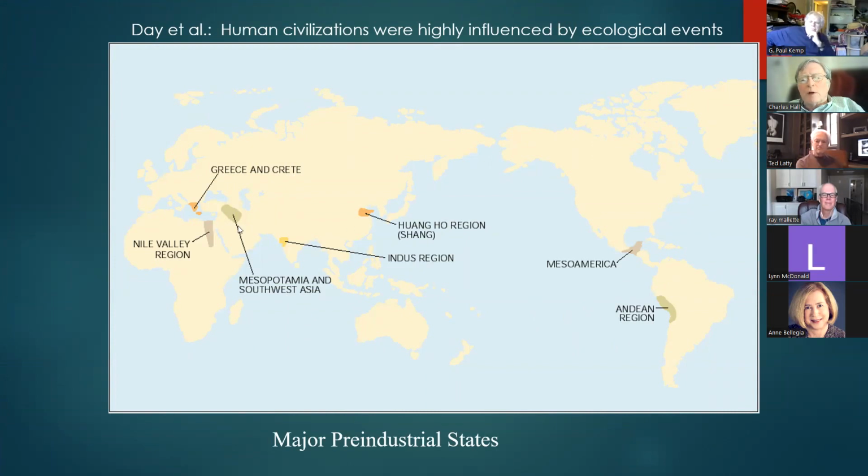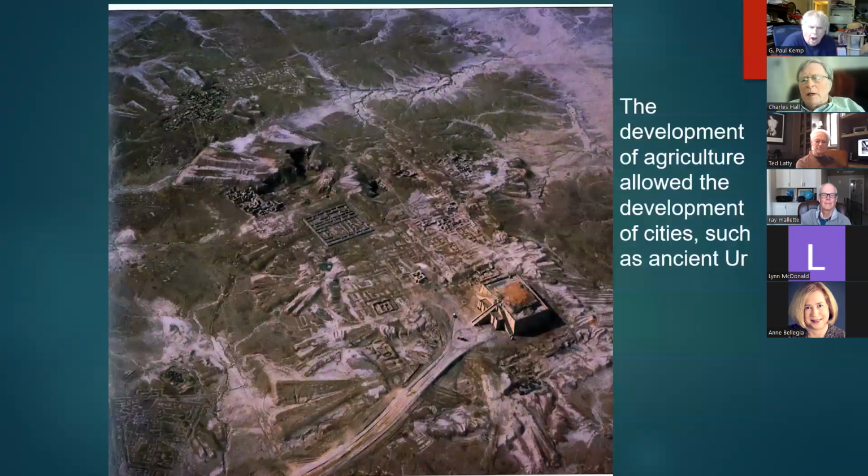These are some areas where early civilization, quote unquote, took place based on agriculture, in different parts around the world, all happening simultaneously. This is the ancient city of Ur, from which we get the word urban.